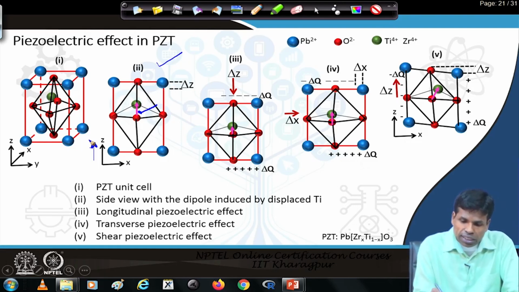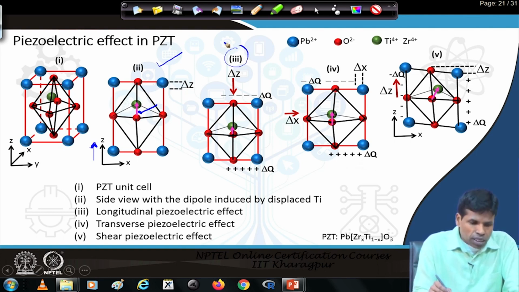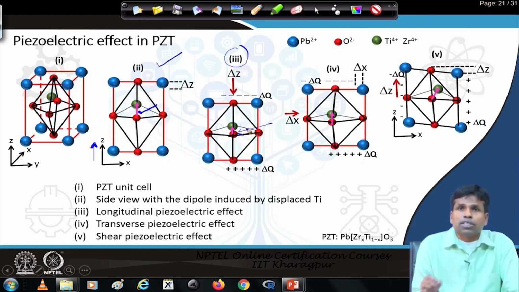This is the second. In the third, if we compress the unit cell along the z axis, the magnitude of the dipole is reduced. The direction remains the same, but the magnitude is reduced.